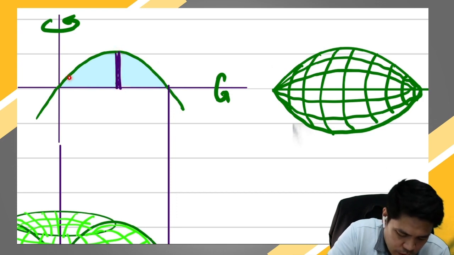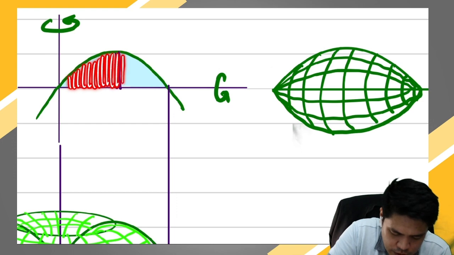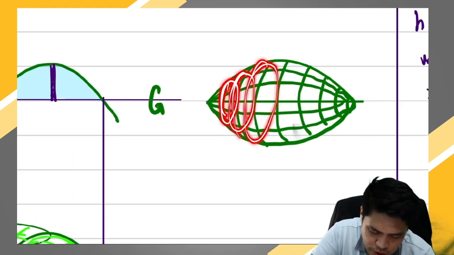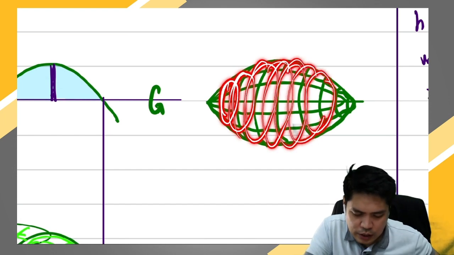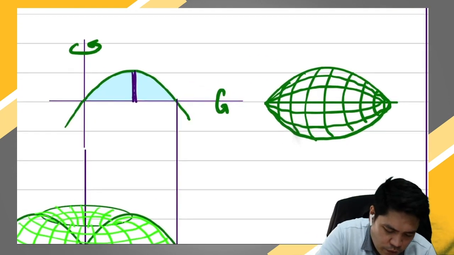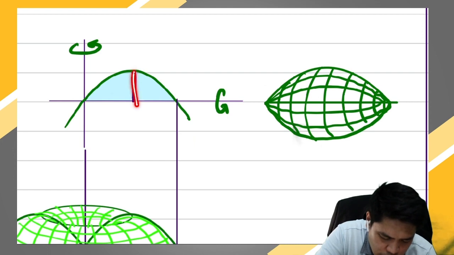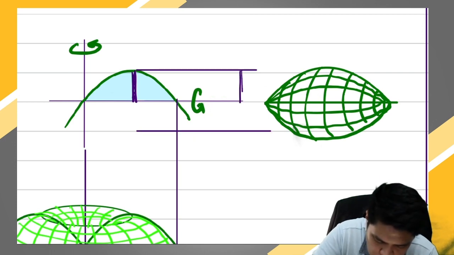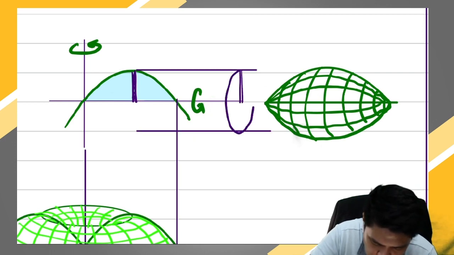Okay? So if we are considering a vertical strip, it's like we are integrating the solids generated by each vertical strip. Therefore, if we rotate this small strip here, it would look like this. This strip would generate a disk, right?